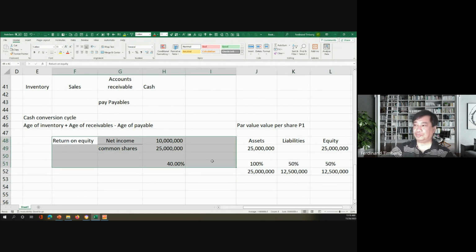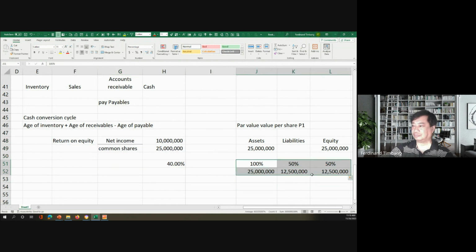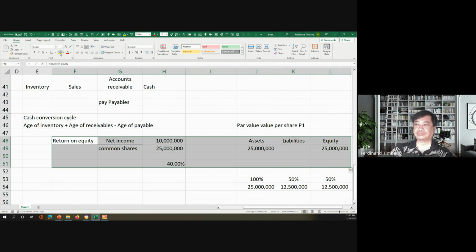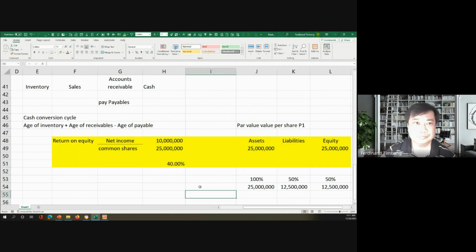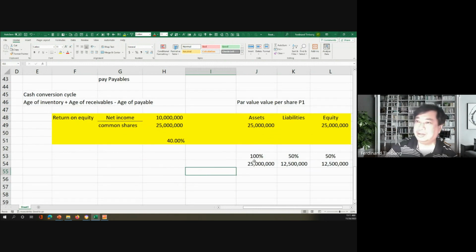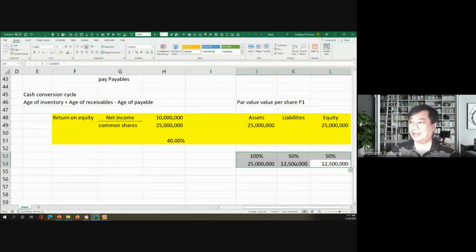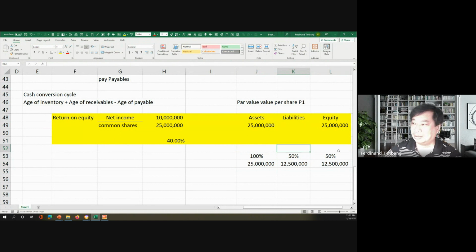Ito computation natin for this one. But let's say, on the other hand, instead na 25 million to support the entire assets, 50% were actually borrowed. And then 50% were financed by the owners. So, magiging ganito siya. And let's say this one, being a liability, pays interest of 10%.